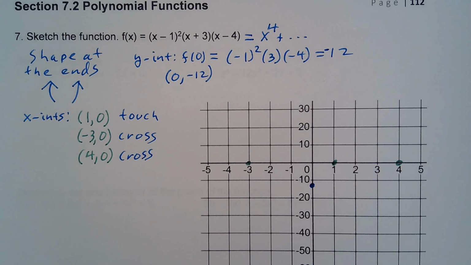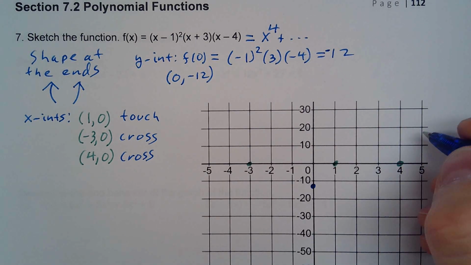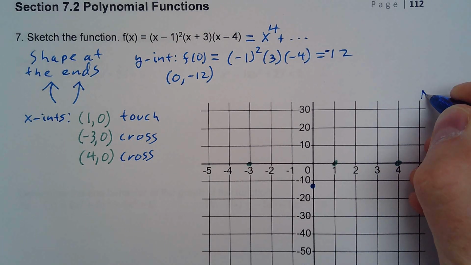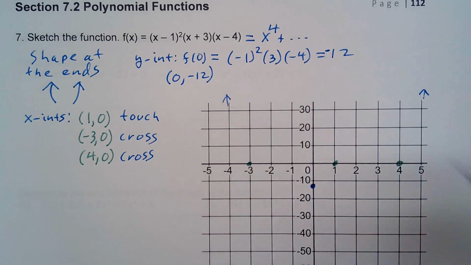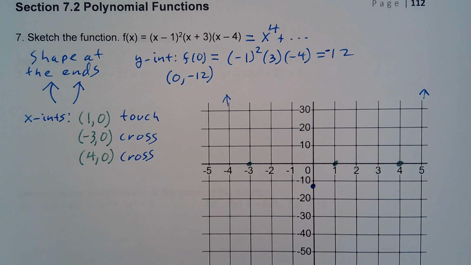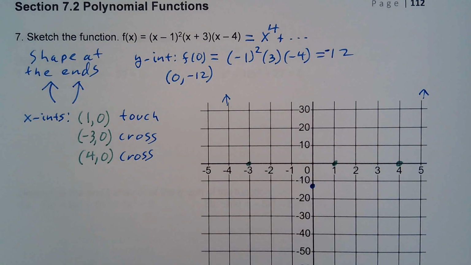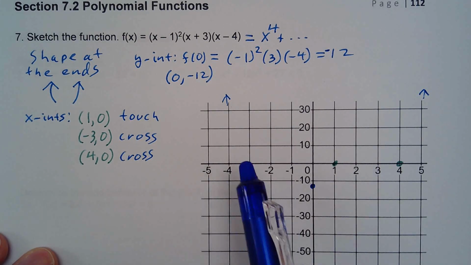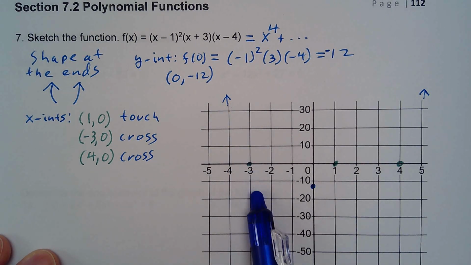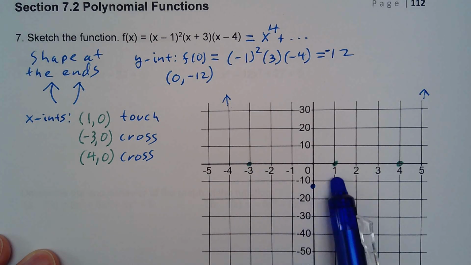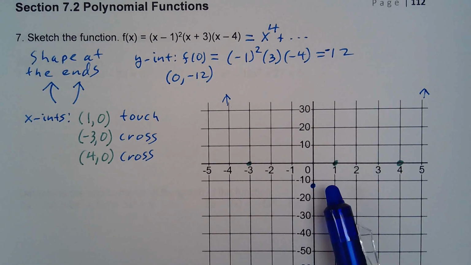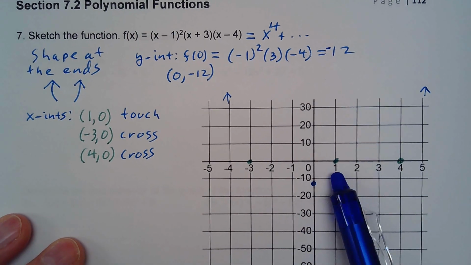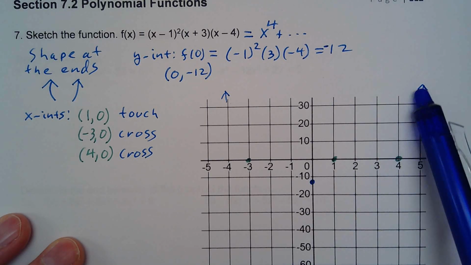My end behaviors, well, it's going to go up over here and go up over here. So I'm just marking them in there. Probably want to do this part in pencil because once we actually sketch it out, we'll clean it up. Now, I'm guessing it kind of goes through like this. It might go like that. It might come down here and kind of go through that. I'm not 100% sure. It's going to touch here, come down, and something like that.